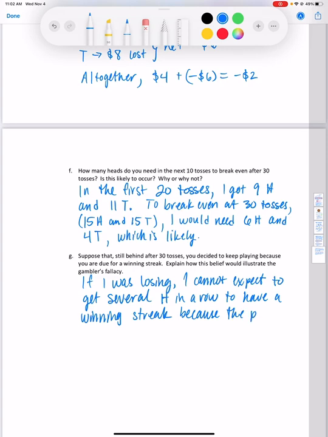Because the probability for each toss is 0.5. Okay? It's half and half, 50-50.